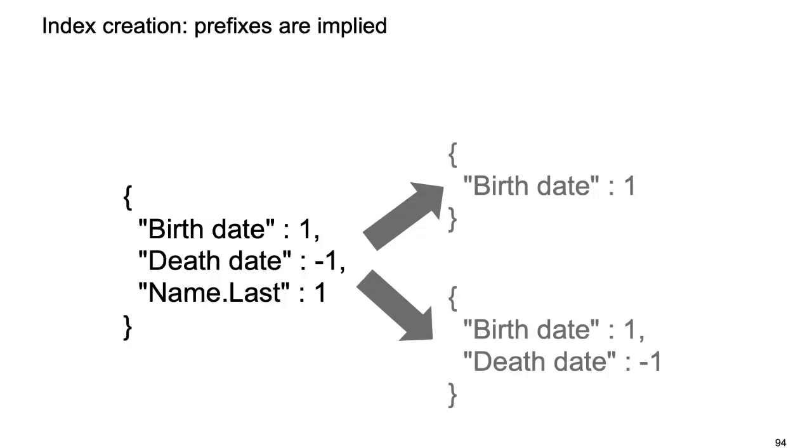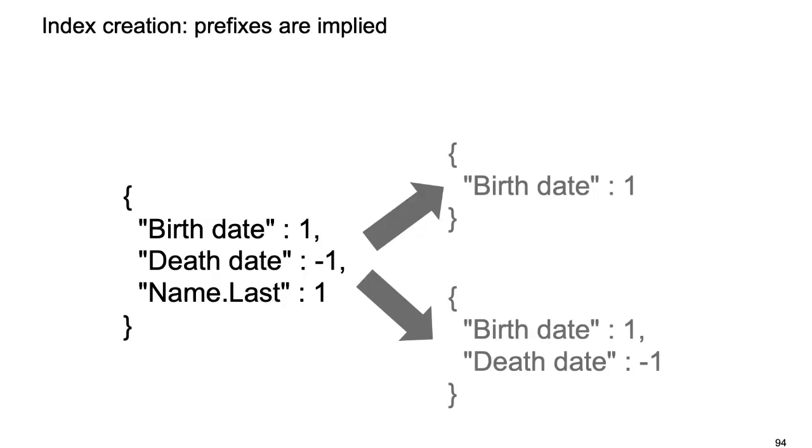Many people make the mistake of building too many indices that are redundant. For example, imagine that somebody builds an index with birth date, death date, and name last, and another index on birth date, and another index on birth date, death date. That's a waste of space, because the first index already covers the cases of the other two. The other indices are totally useless, because they are prefixes.